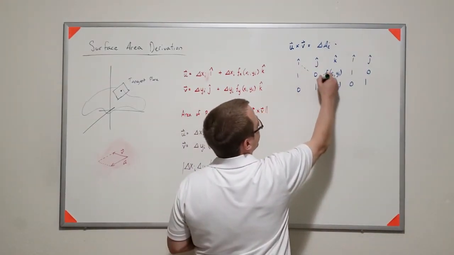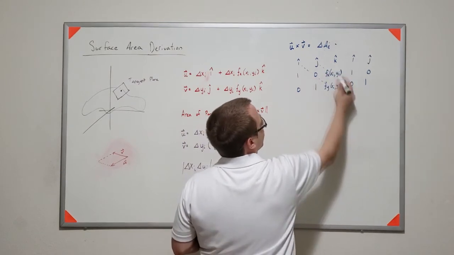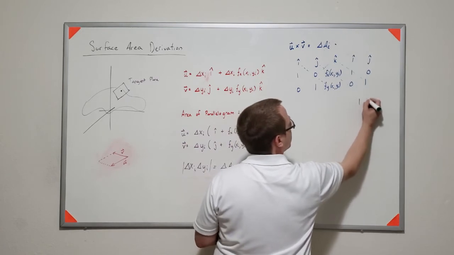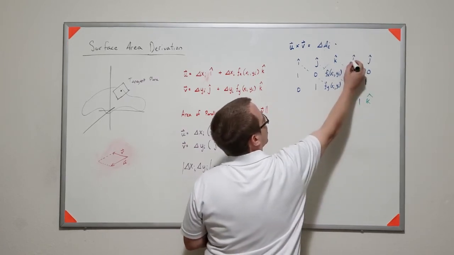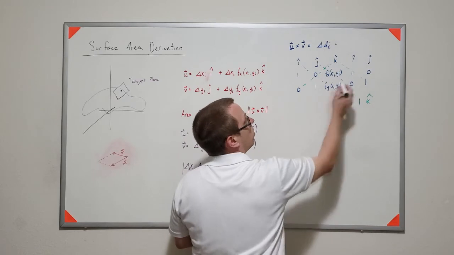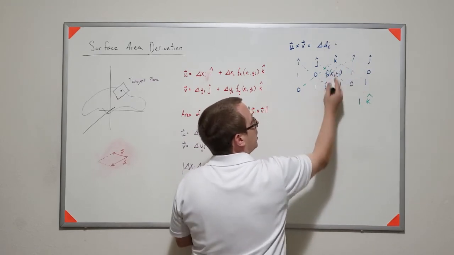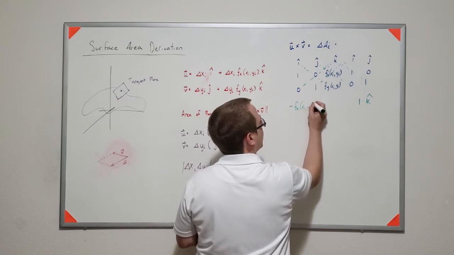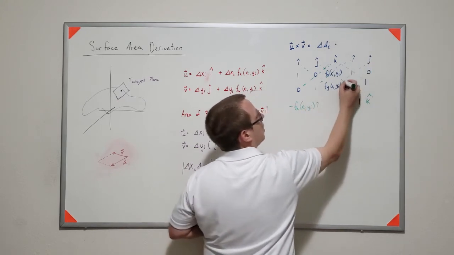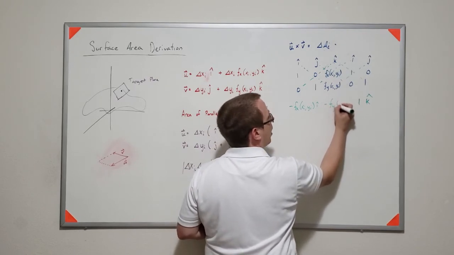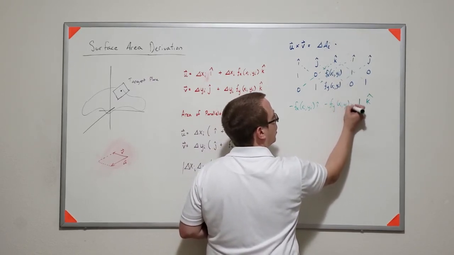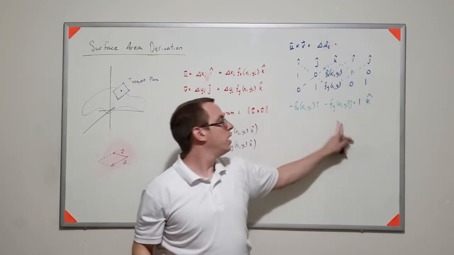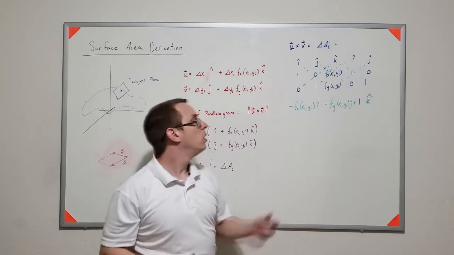So if we go down here, we get 1 in the k direction, we get negative fx in the i direction and negative fy in the j direction. So in the i, j, and k directions, those are your pieces.